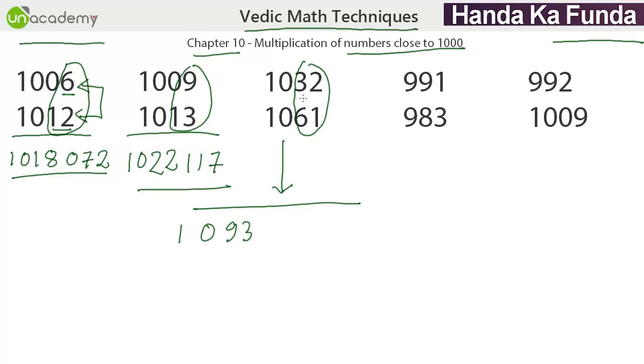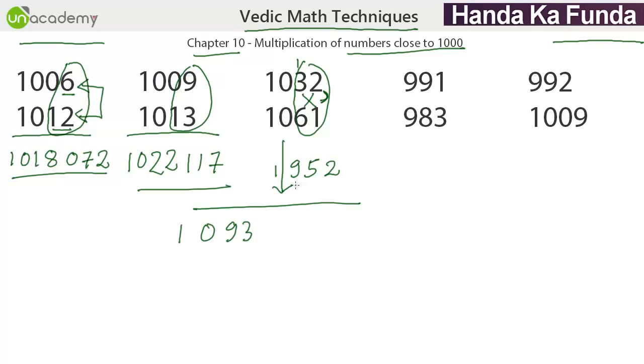And what is the product? If you have seen the video of how to multiply 2-digit numbers, this should be easy for you. Last digits first, so that gives me 2. 1 into 3 is 3, 6 into 2 is 12, so that is 12 and 3 is 15, so 5 carry over 1. 6 into 3 is 18 plus 1 is 19. So 1952.